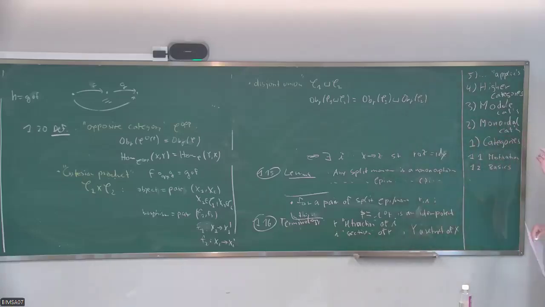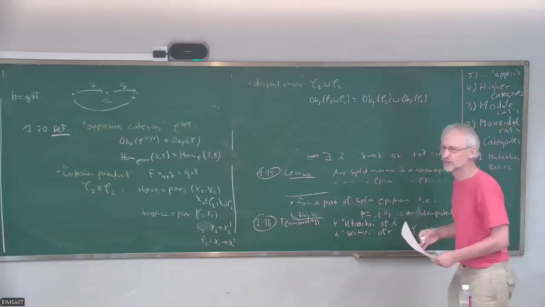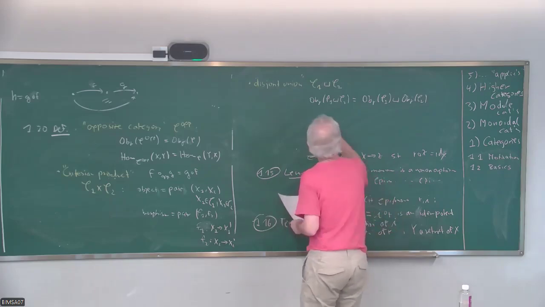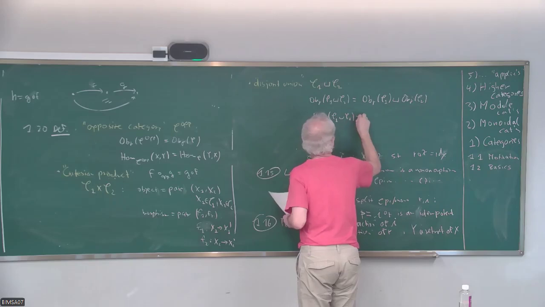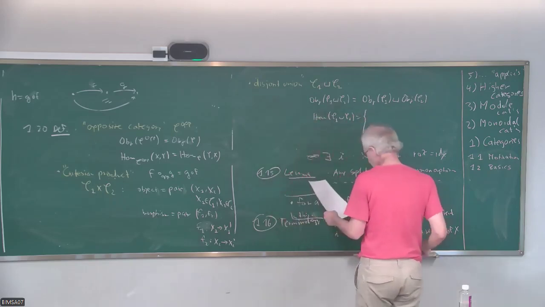It may be sensible to look up the explicit definition of disjoint union of sets. And the morphisms are the following.